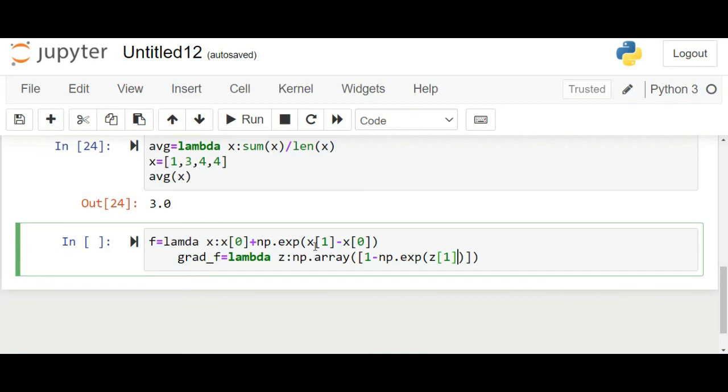1 minus np.exp of z1 minus z naught, and then comma np.exp of z1 minus z naught.